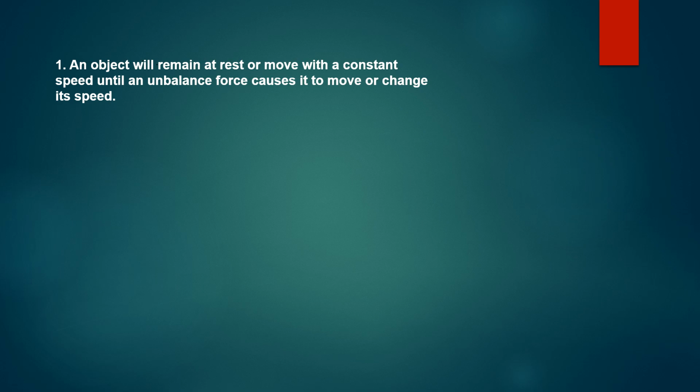Suppose a body or particle starts at rest and maintains its position, or suppose it moves at the same speed in a straight line, maintaining this speed, not increasing or decreasing, unless an unbalanced force acts upon it, that is, unless we have a net external force applied to the body. This force stops it from staying at rest, or changes its motion by increasing or decreasing speed. For example, suppose a box sits on a table and stays there unless you push it and it moves. Otherwise it maintains its position on top of the table.